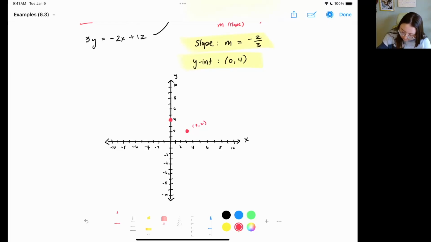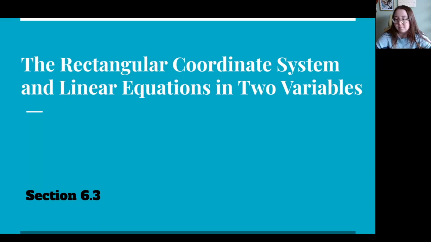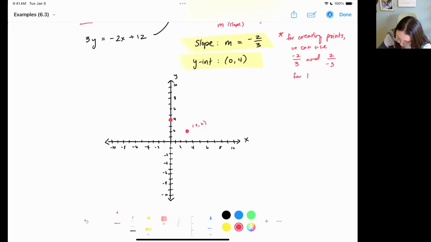So we can put a little note here. For creating points, we can use -2 over 3 and 2 over -3 for the slope.